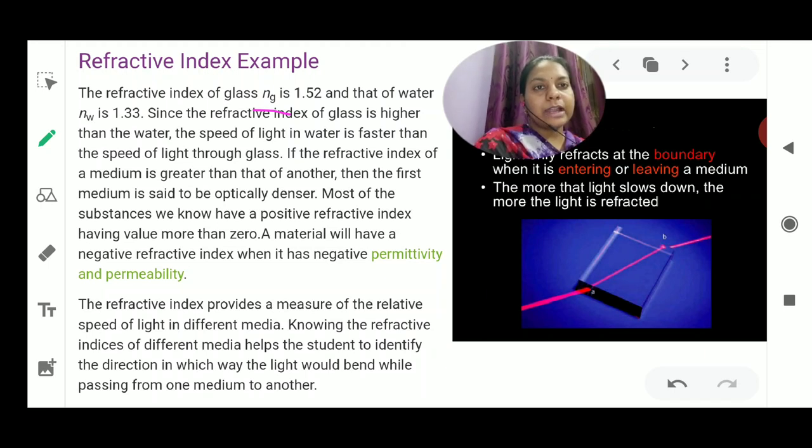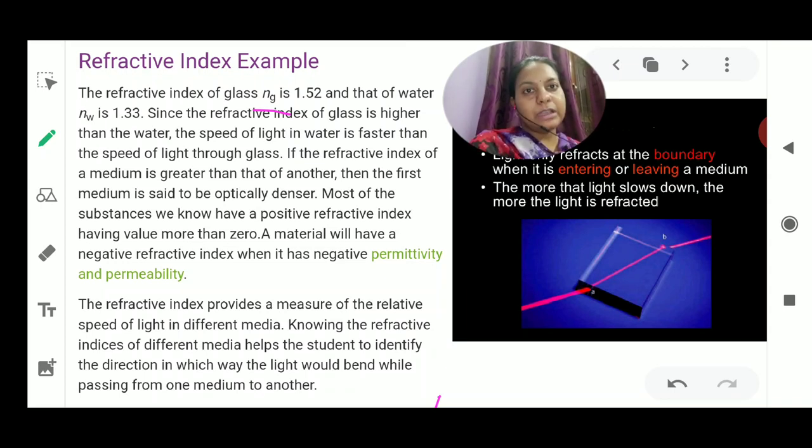Since the refractive index of the glass is higher than that of the water, the speed of light in the water is faster than the speed of light in the glass. Now why is this happening? This is happening because the speed of light varies in the various mediums as the refractive index of these two mediums changes. As you could see here, the refractive index of glass is more than that of the water, means glass is much denser than the water.